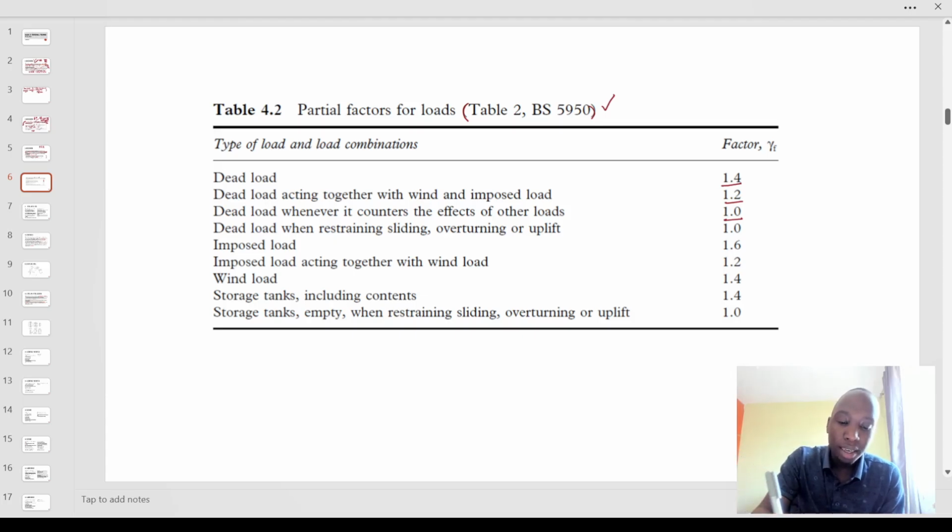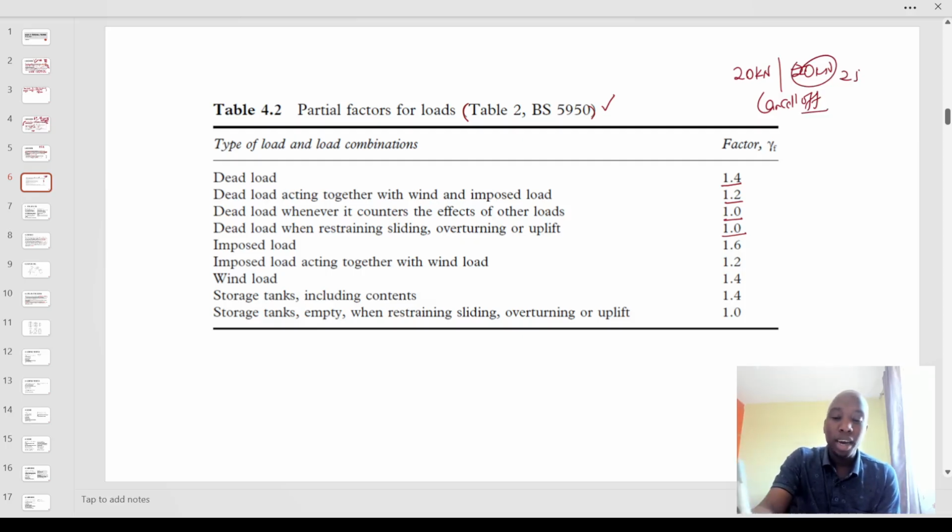When retaining, sliding and overturning or uplift, in other words, if the sliding force is 20 kilonewtons, then you just need another load of 20 kilonewtons to cancel it off. Because if you now provide 25, it will be the other way around.